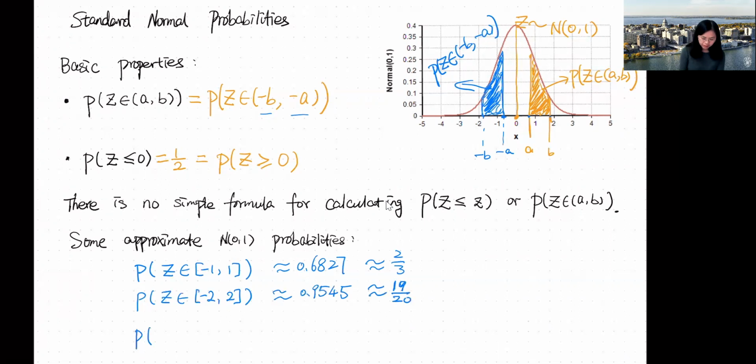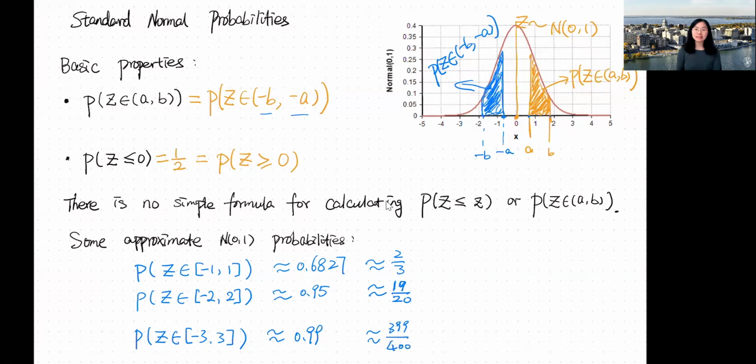And the probability that z belongs to -3 to 3 is approximately 0.99. I don't remember the fourth digit, so I'll just not write it. So for -2 to 2 it is about 0.95 and for -3 to 3 it is about 0.99, approximately 399 over 400.